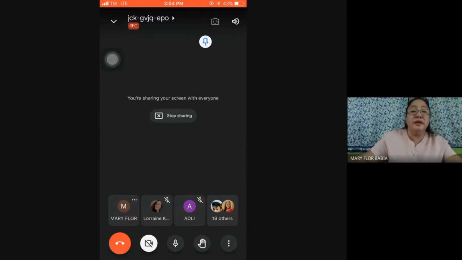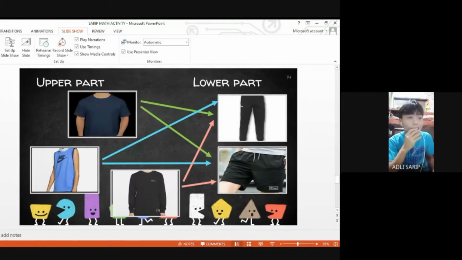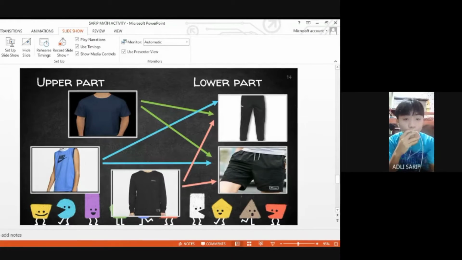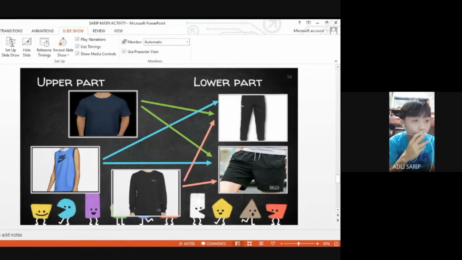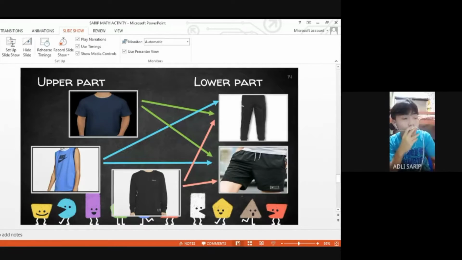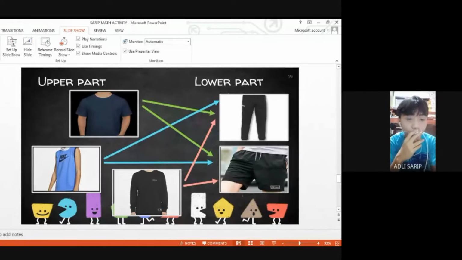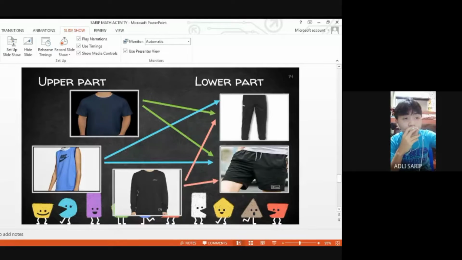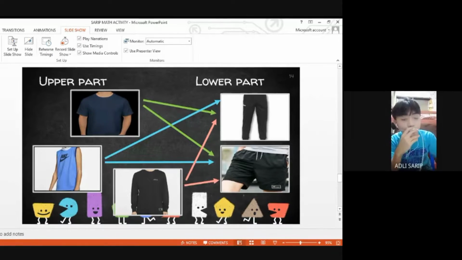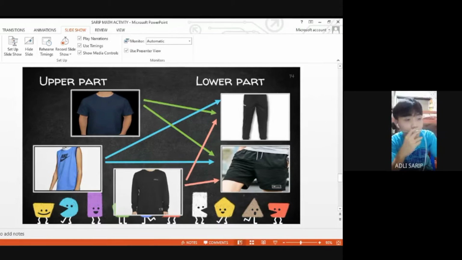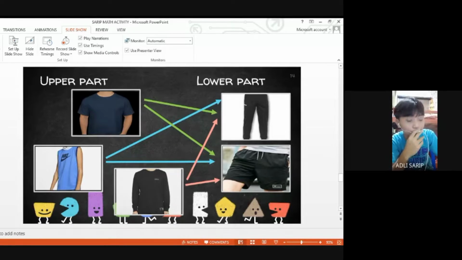Let us have a sharing from Adli. Here, we match the upper part to the lower part. For the upper part, we have the t-shirt, sleeveless and long sleeve, paired to long pants and short pants. As you can see, the arrows are the ways we could pair them: 6 arrows, two green, two sky blue, and two pink.